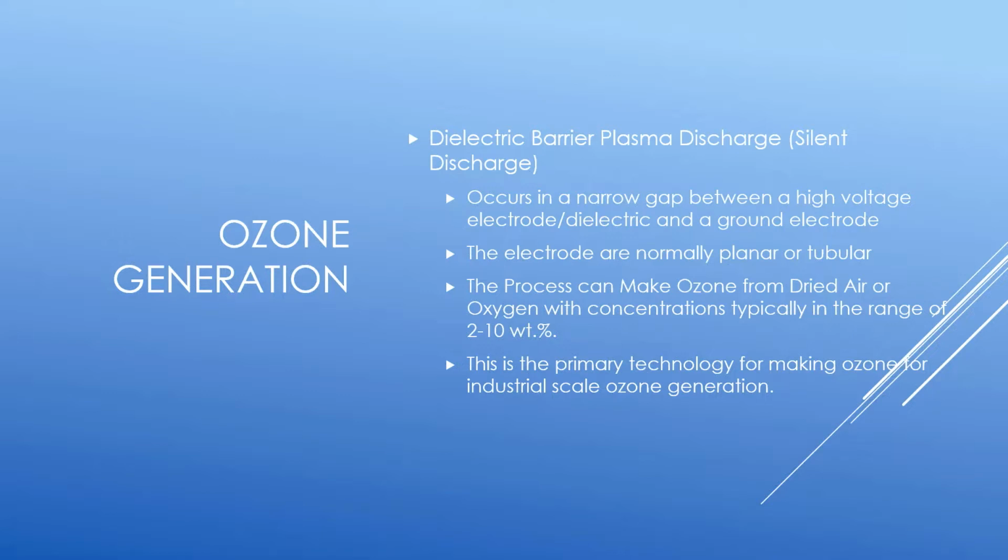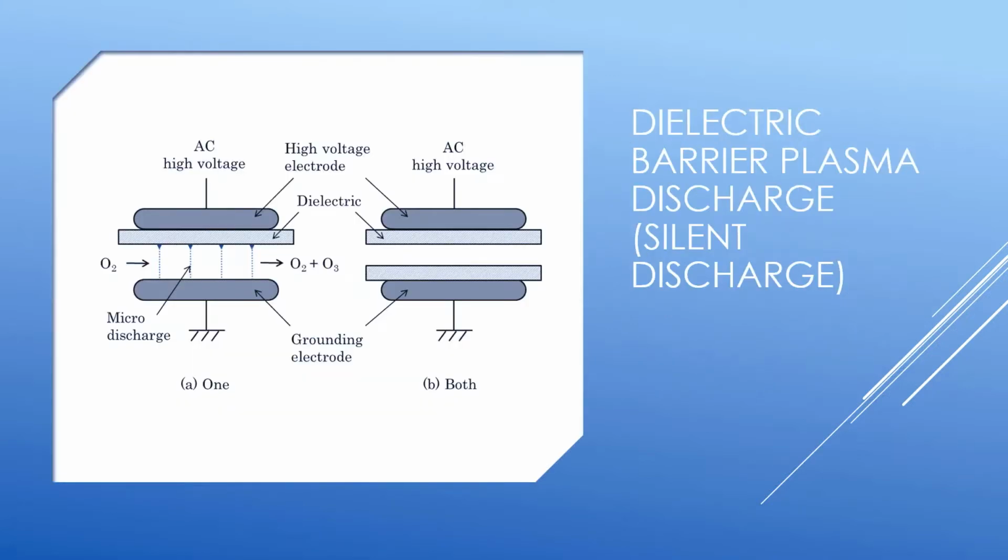And I'm going to show a schematic of this system. Essentially, a high voltage electrode is connected to a dielectric. And then there is a gap between the dielectric and a grounding electrode.